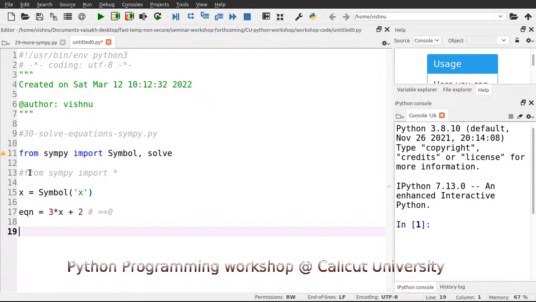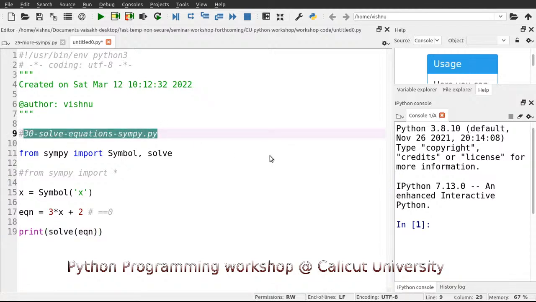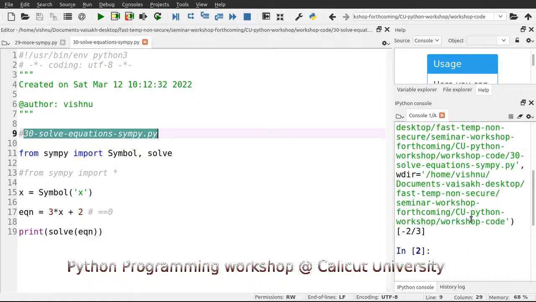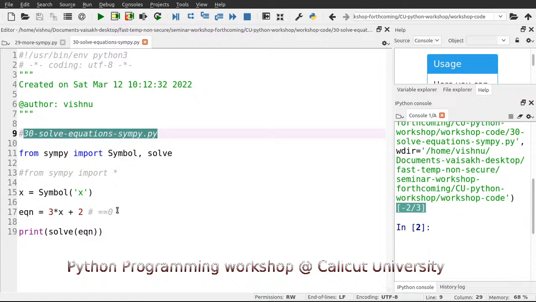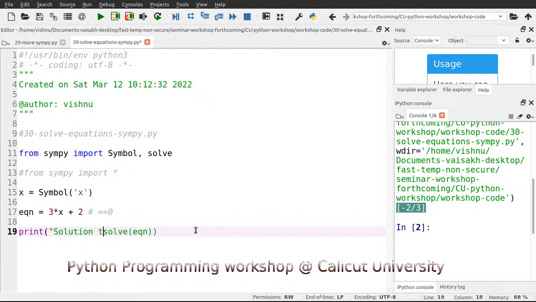Now solve the equation. Let us do some formatting.